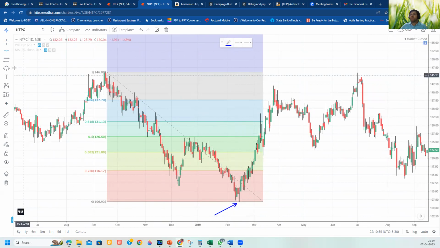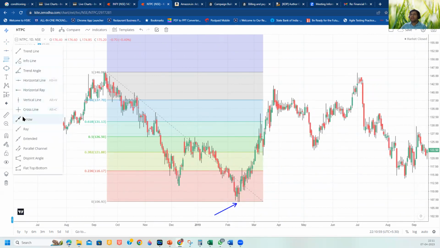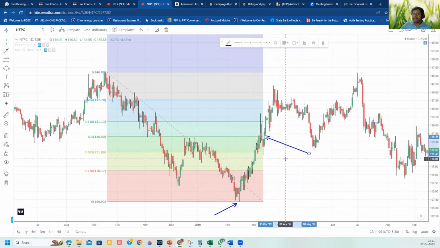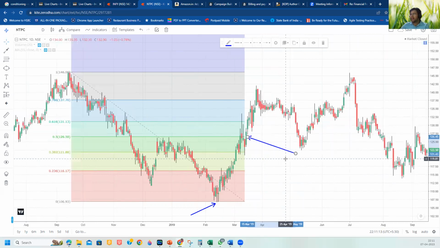So what we need to do at this point of time, once we see that it is about to cross the 50% level that we learned during level 1 of stock market or technical analysis, then you can safely decide to take the exit from the market.